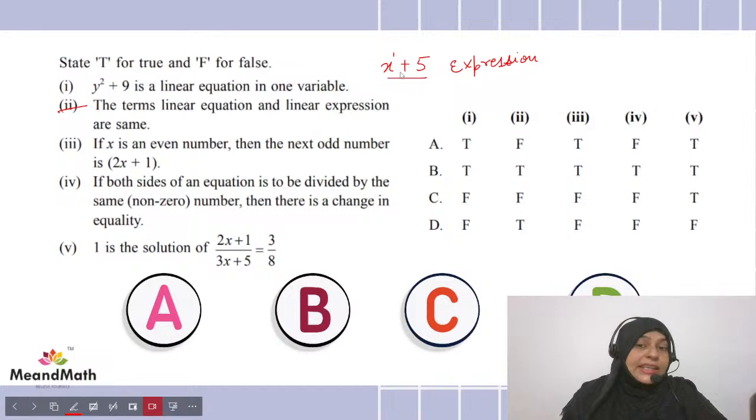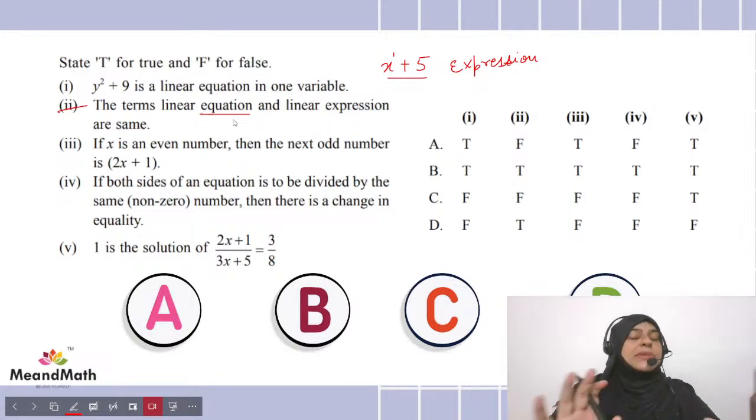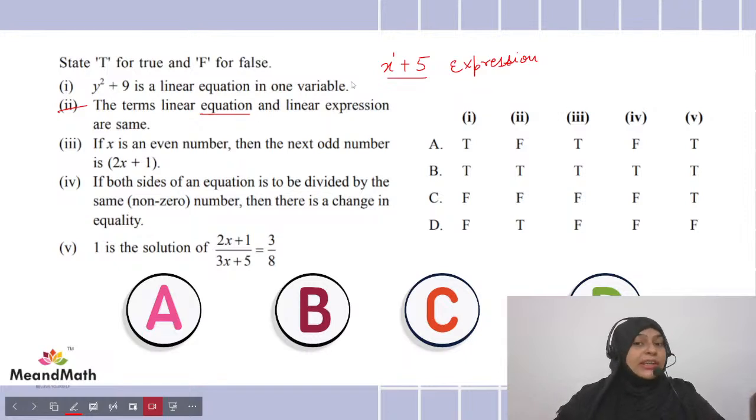Now, what is an equation? As the name implies, equation means it must have the equal sign. If I write x plus 5 is equal to 10, then only it will become an equation.